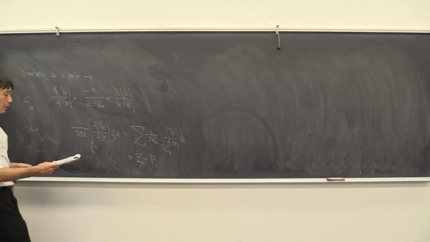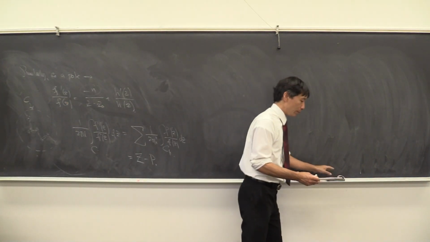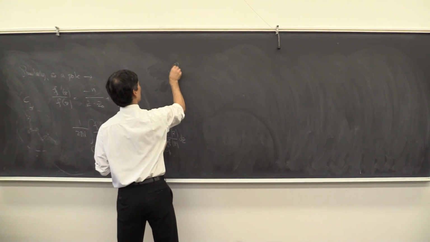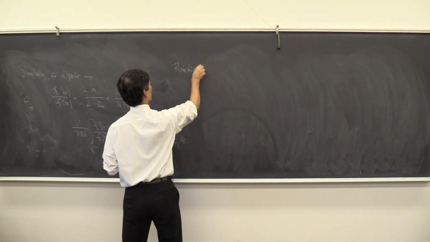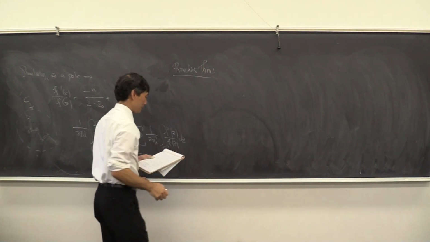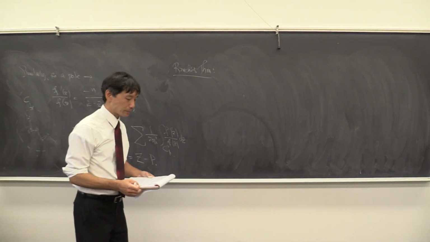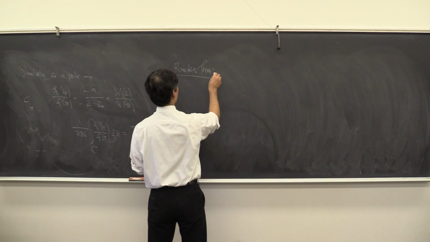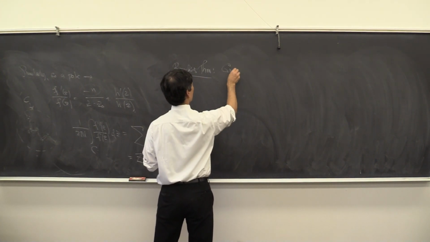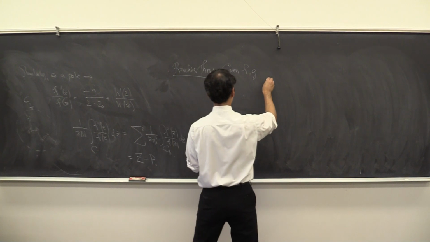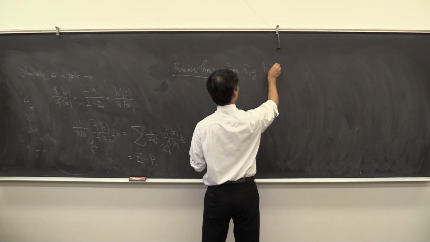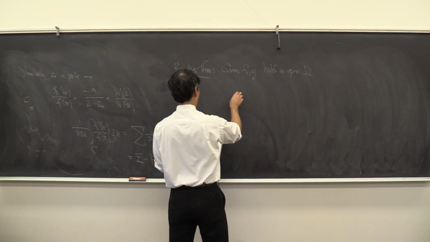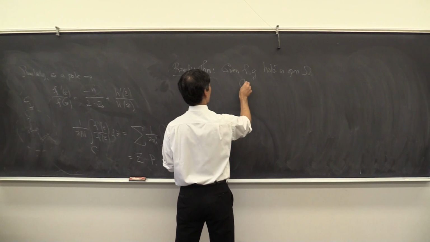Okay. So I think we probably have time to do one more thing, which is called Rouche's theorem. It says the following. Given f and g that are holomorphic in some open set omega, and as usual, you have a circle.